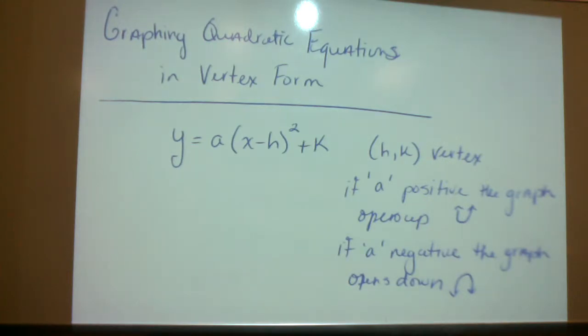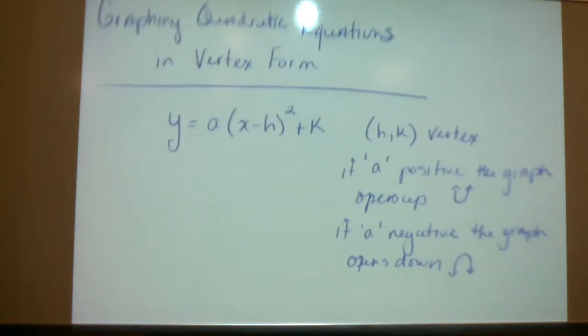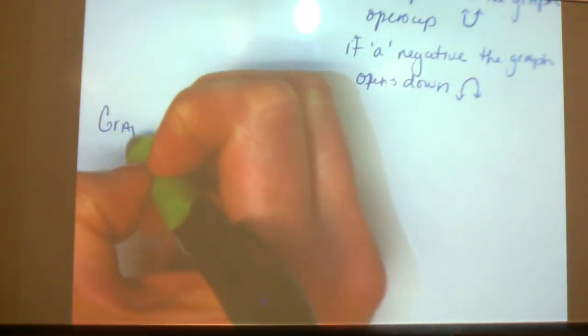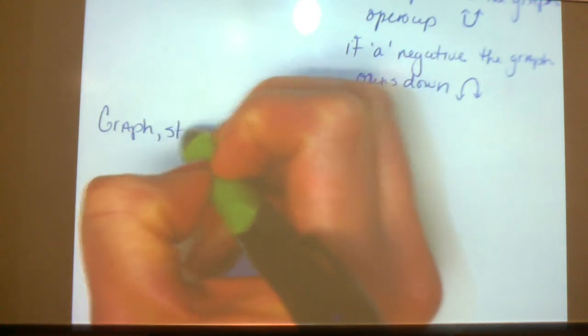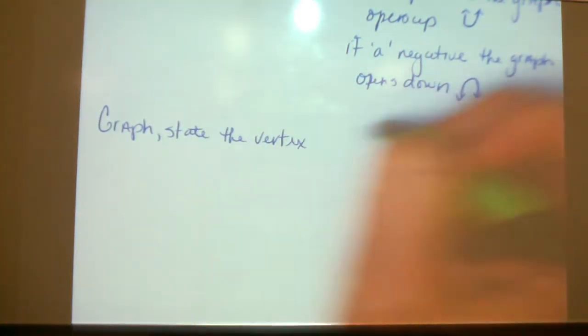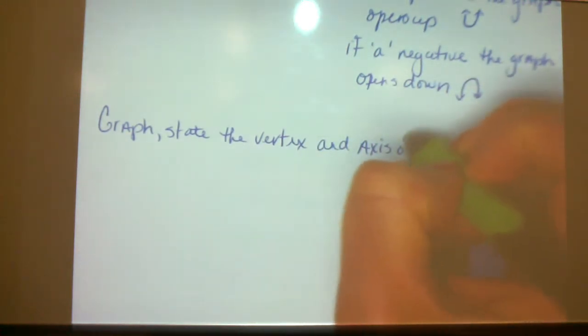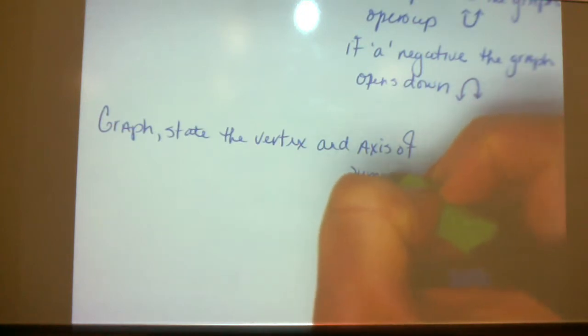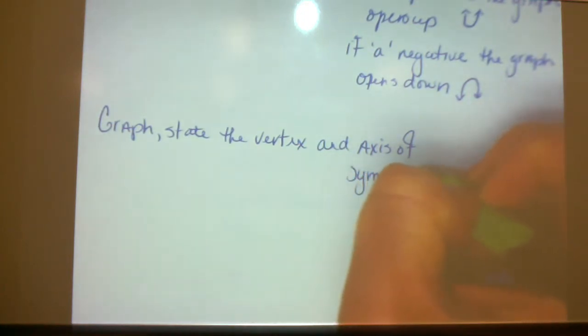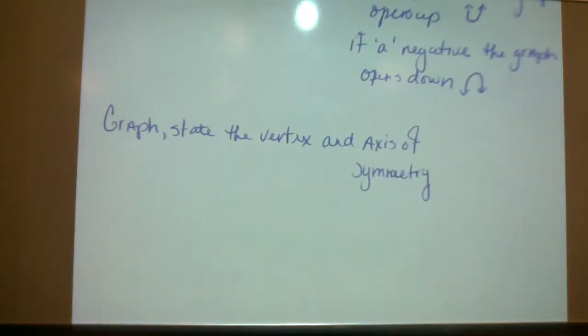Okay, so here's what we're going to be doing for this piece. We're going to be graphing, state the vertex, and axis of symmetry. So the axis of symmetry is that point where it's a critical point. It's where that graph becomes symmetric.